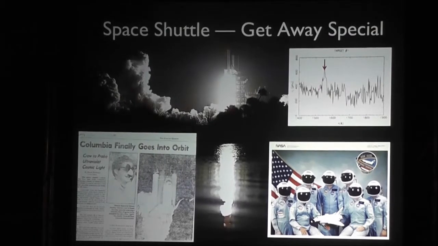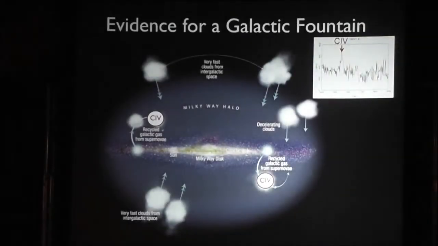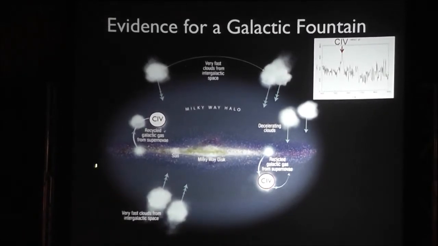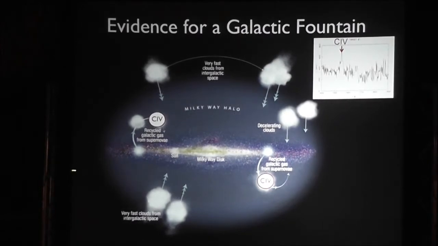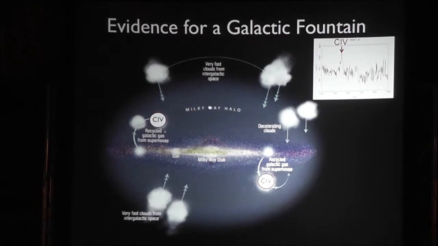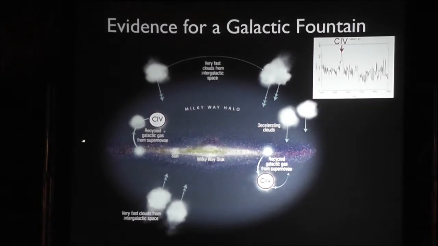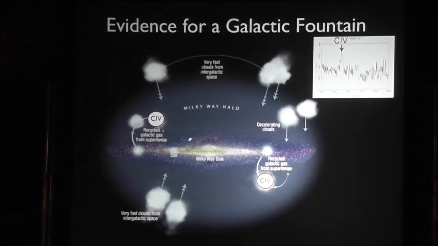And what that told us was that we live in a dynamic Milky Way, something called a galactic fountain, in which exploding supernovae eject gas into the halo of the galaxy, and that gas cools and rains back on the galaxy and produces this fountain of gas flow. And by doing that, it produces this carbon-4 emission, which we detected.